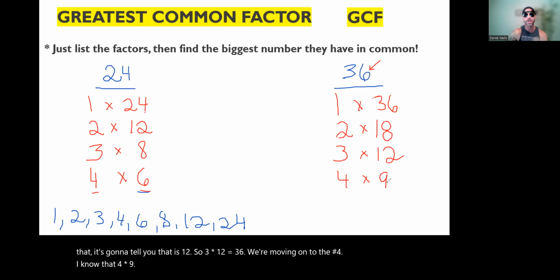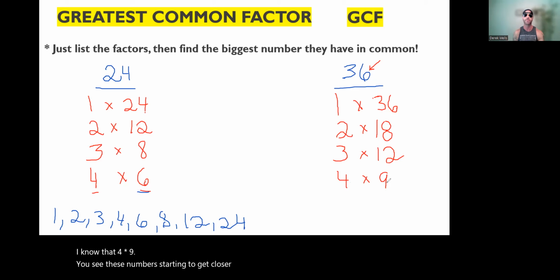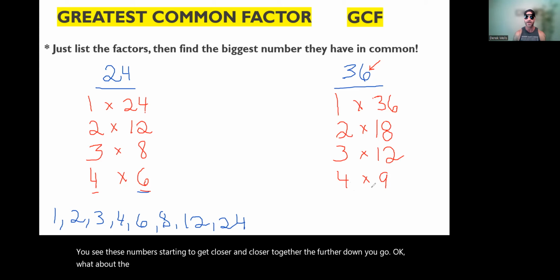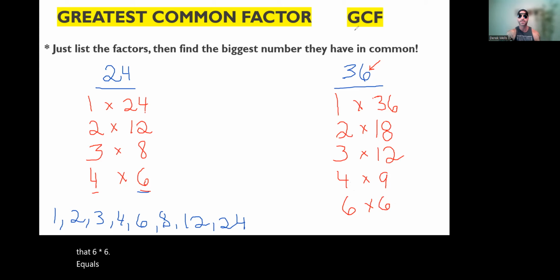You see these numbers starting to get closer and closer together the further down you go, okay? What about the number 5? 5 will not divide evenly into 36. What about the number 6? Ooh, I do know that 6 times 6 equals 36. Well, now there are no more numbers in between 6 and 6, so you know you are done with that portion.